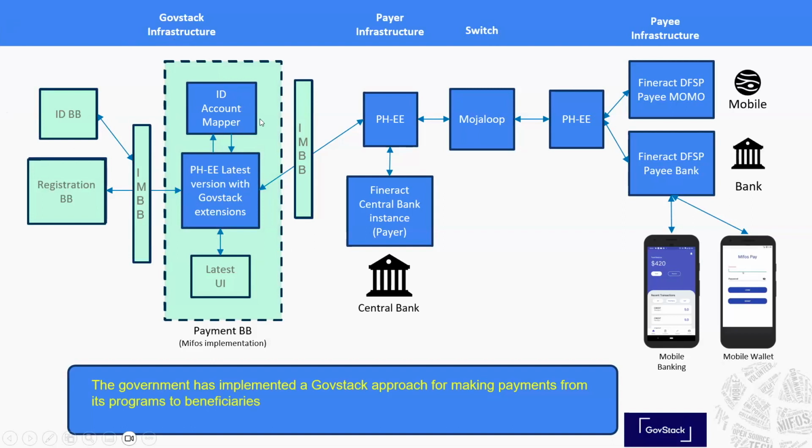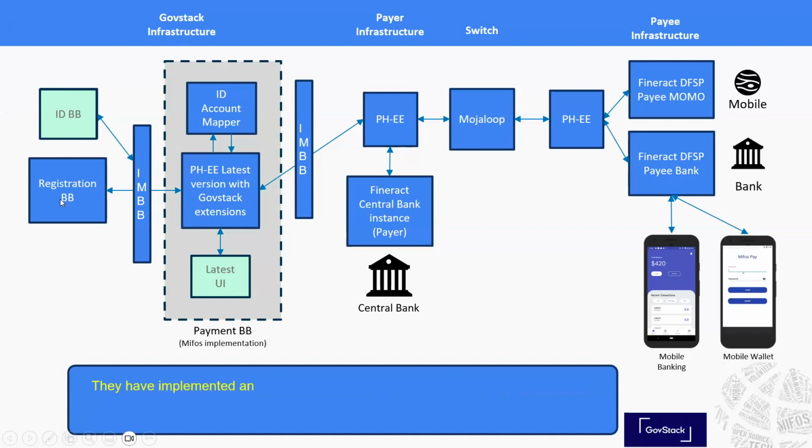All right, and this has been highlighted over here. This is the Govstack infrastructure. The government may have implemented, because this also ties up with the concept of DPI, digital public infrastructure, an ID building block, for example, MOSIP.